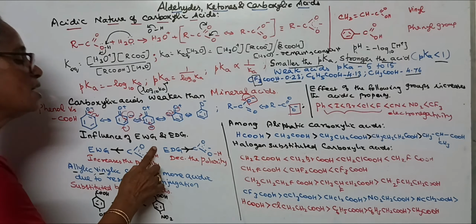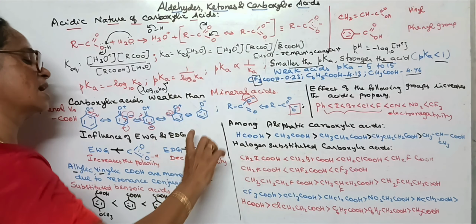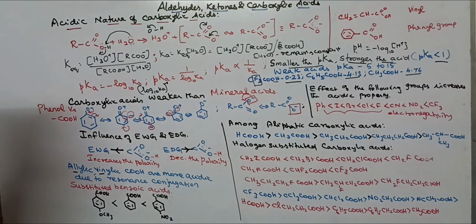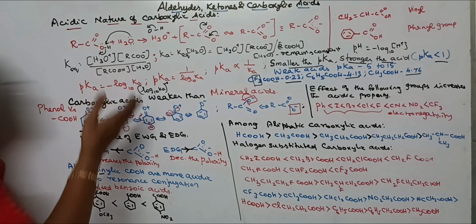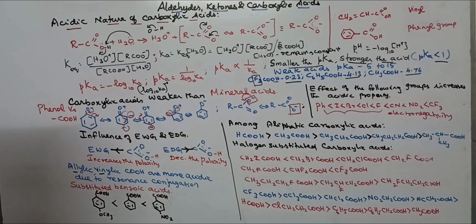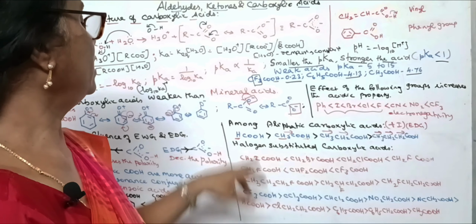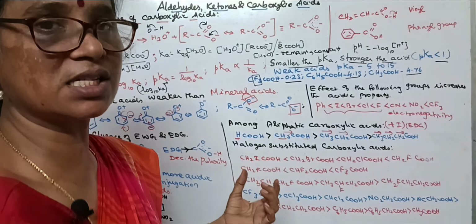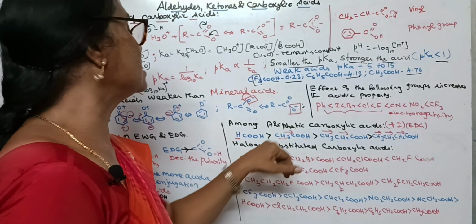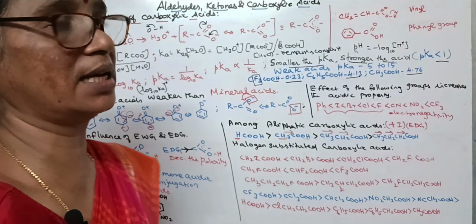Therefore, an electron donating group decreases the acidic property of carboxylic acid, whereas an electron withdrawing group increases the acidic nature of carboxylic acids. Let us discuss the influence of the plus I group, that is the electron donating group, on the acidic nature of carboxylic acid.